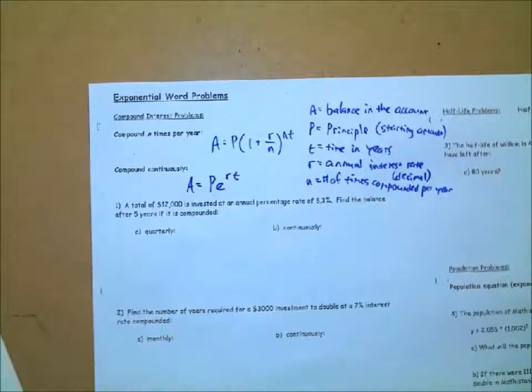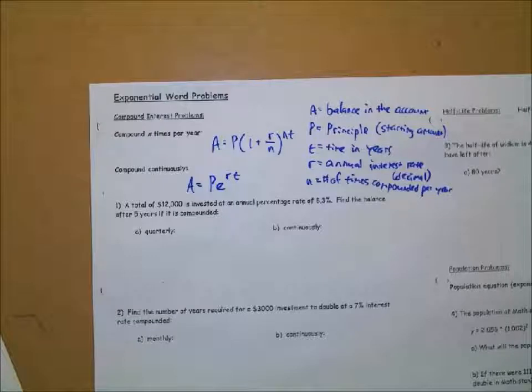PERT. The variables are the same as what we talked about over here. e is not a variable, remember. e is the number e that we use for compounding continuously. So P is still the principal, r is still the interest rate, t is still time in years, and A is the balance in the account after a certain time.